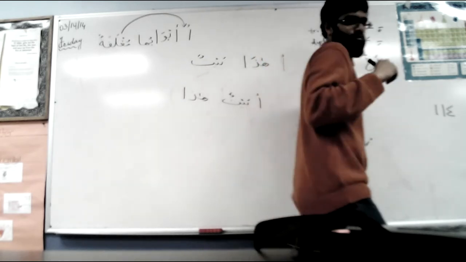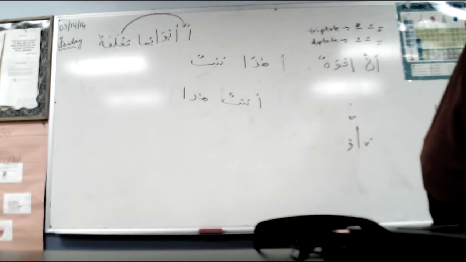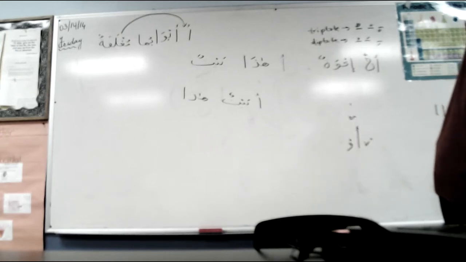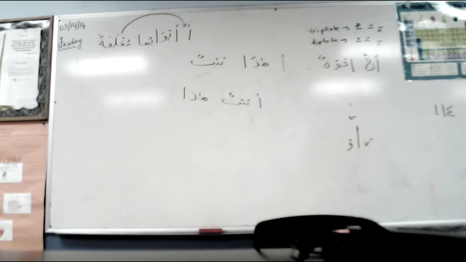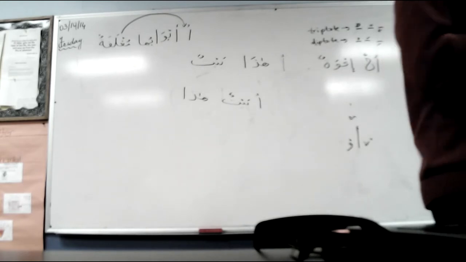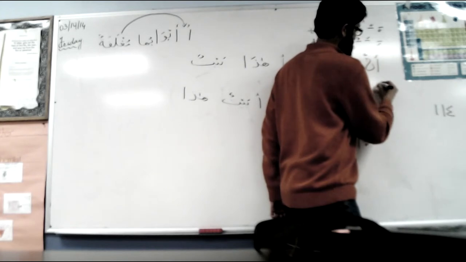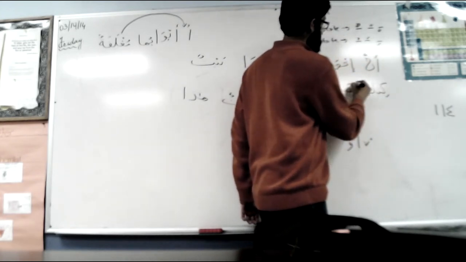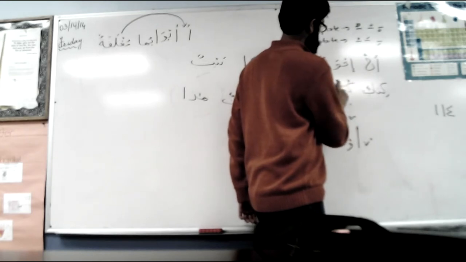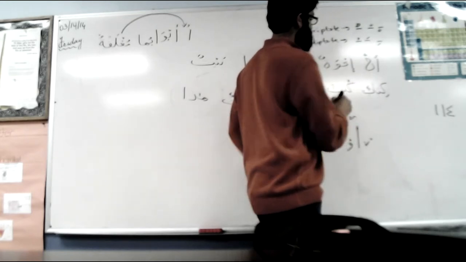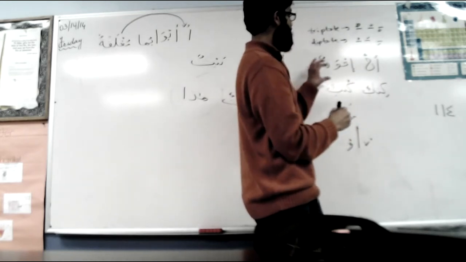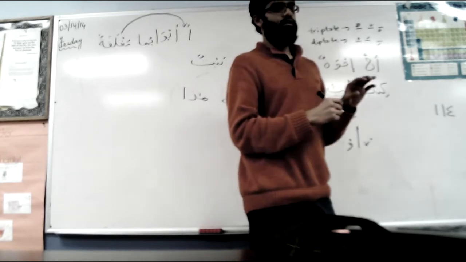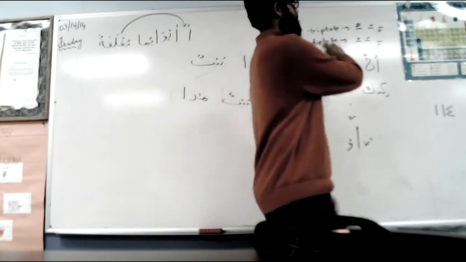What about aqlamun? I think it's on that pattern. No. What's the plural of kitabun? Kutubun, right? So that pattern is fu'ulun, and the fi'latun pattern, they're all triptotes.